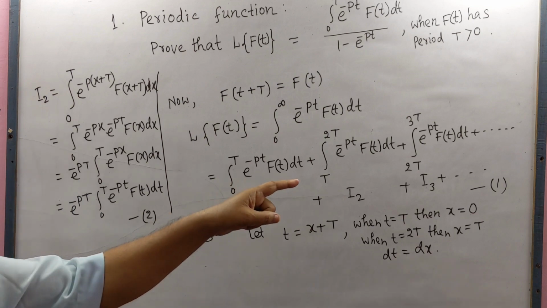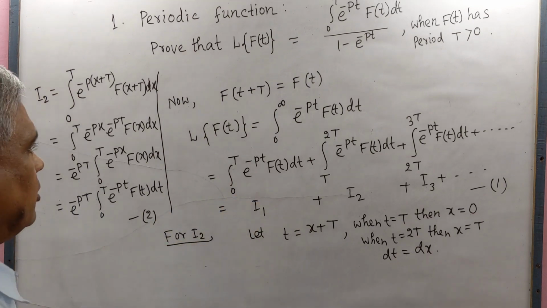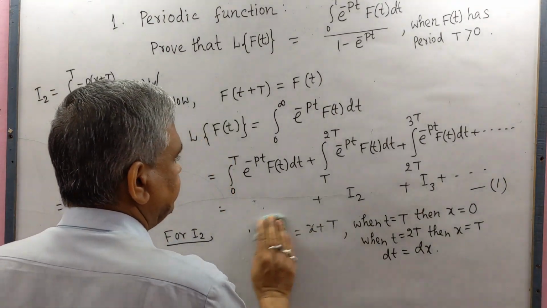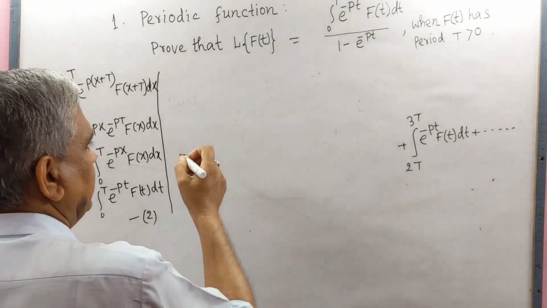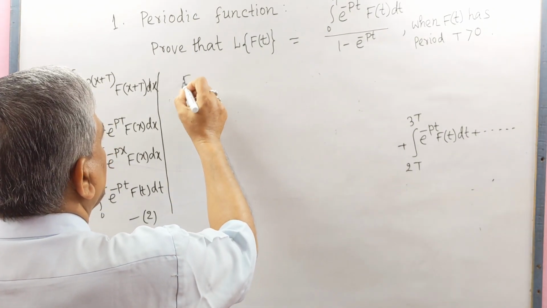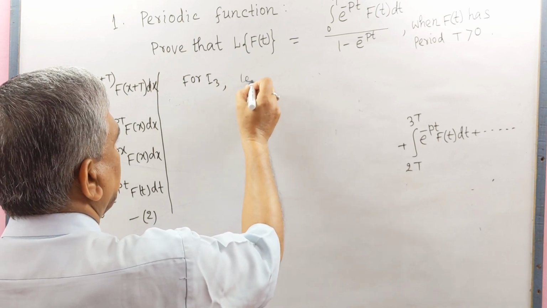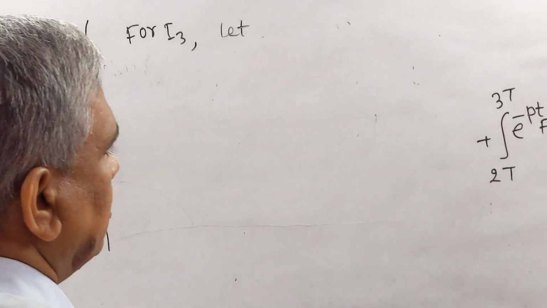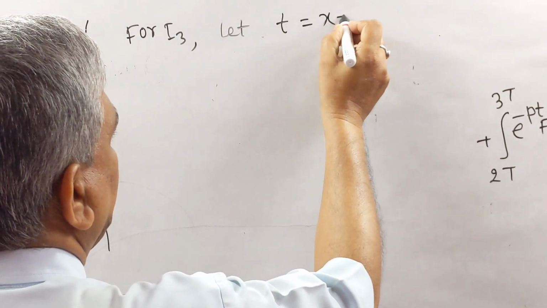Now find I3. For I3, let t equal to x plus 2T.